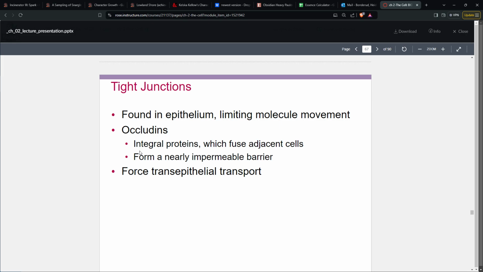Water stays outside of your cell or outside of your body or in your kidneys or in your bladder, wherever it may be. Your stomach acid stays in your stomach, provided you have adequate mucous membranes as well, but because of these tight junctions. Watertight barrier.